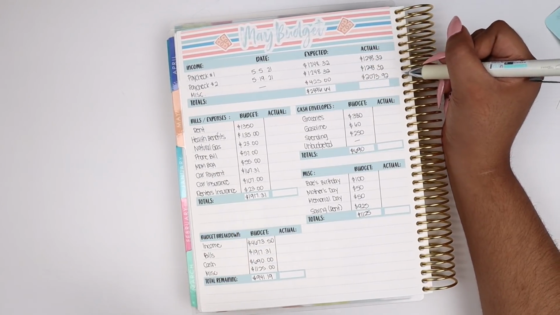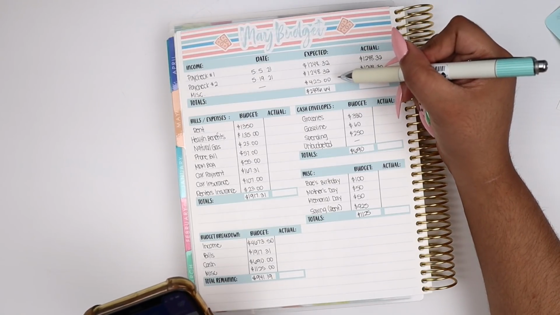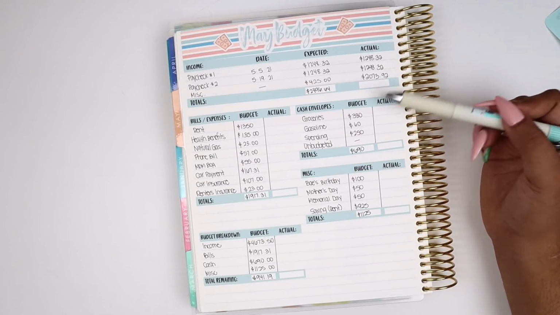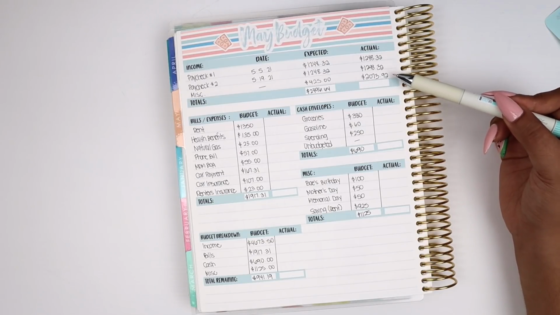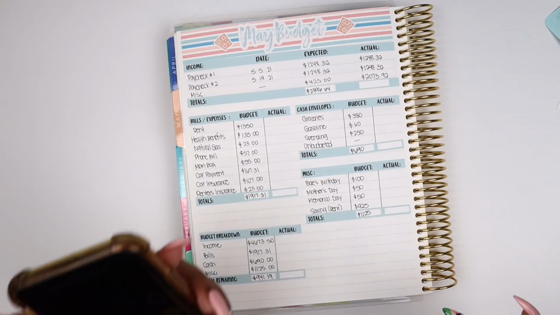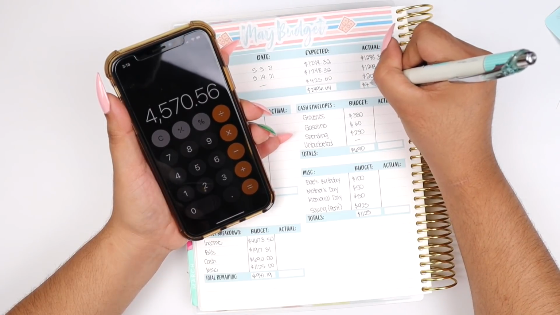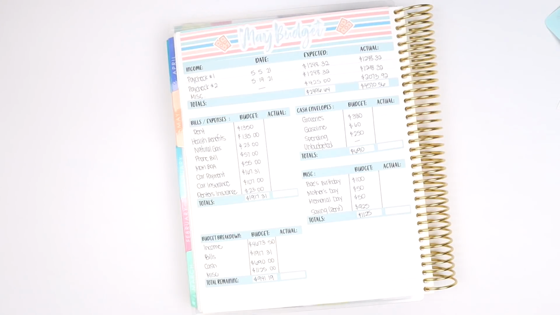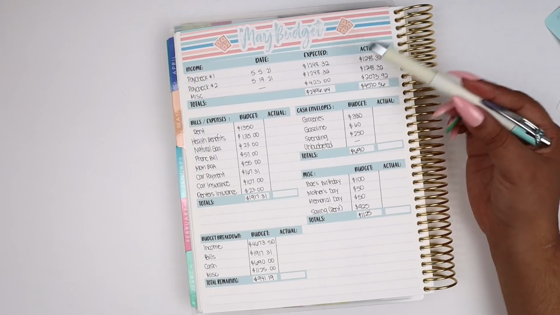So that is what my rollover income was, and that was with Bay's rent included. That is how much was in my account for the month of May. So all of this is what hit my account, and this is what my month started out with. In total, all the income that I worked with for the month of May ended up being $4,570.56.